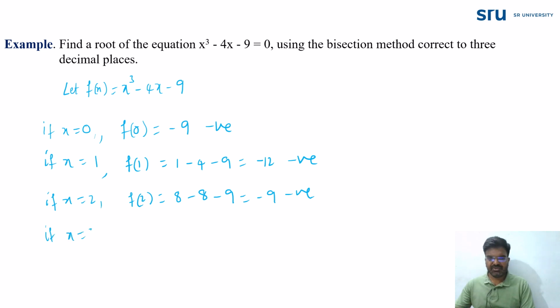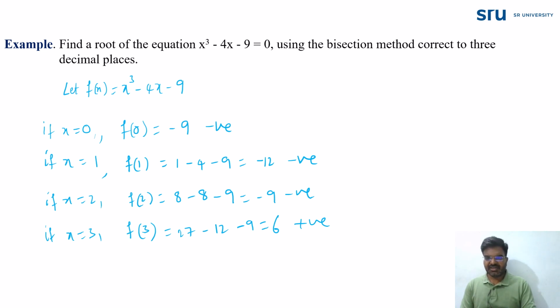Next, if x equal to 3, f of 3 equals 27 minus 12 minus 9. So the value here is 6, positive. Now you can observe at x equal to 2, the function is negative, and at x equal to 3, the function is positive. So the root of the function lies in between 2 and 3.